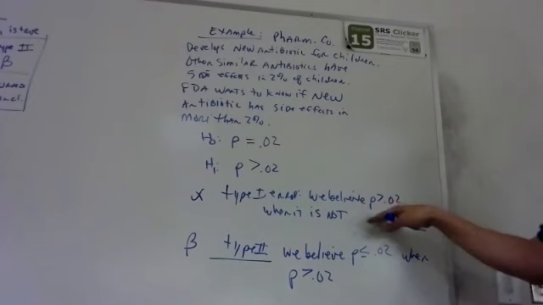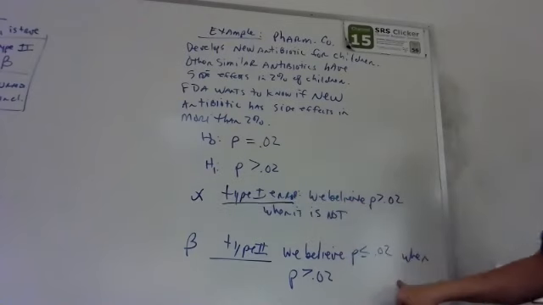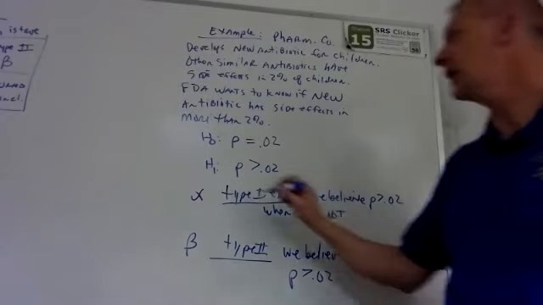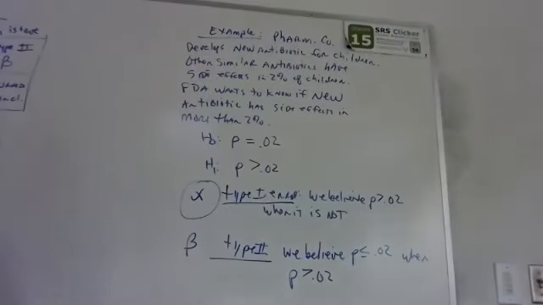Would you rather make a type 1 error or a type 2 error? Probably type 1. The type 1 is the preferred error that we're going to make. It's the more conservative error. You'd rather not make money when you could have than to make money and then get sued. That's the safer error to make.